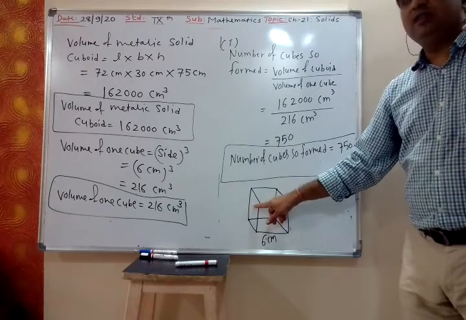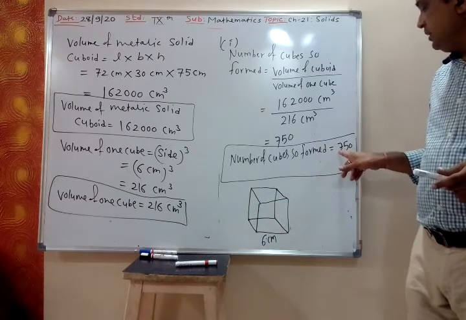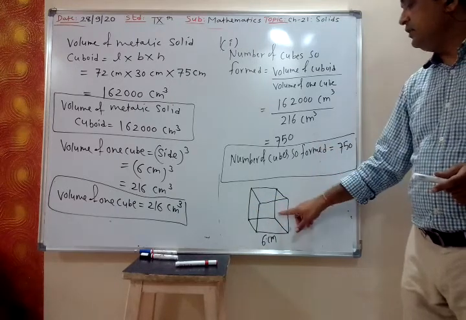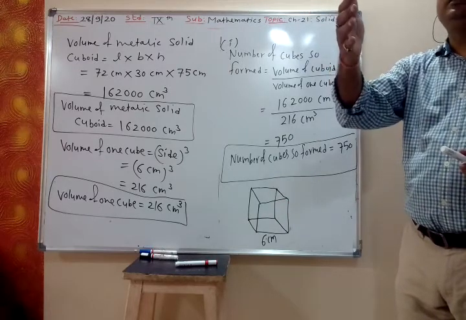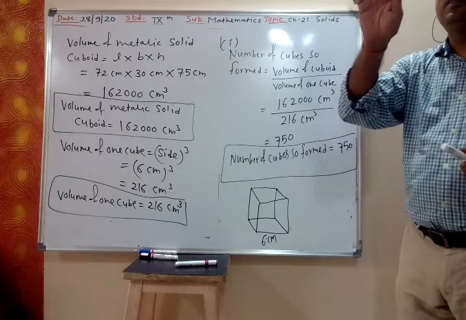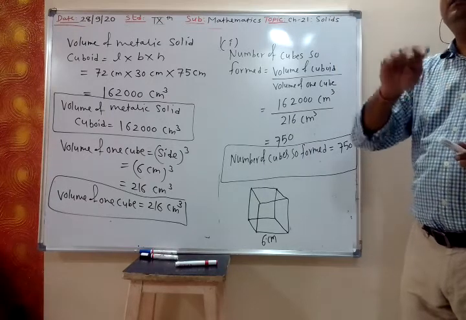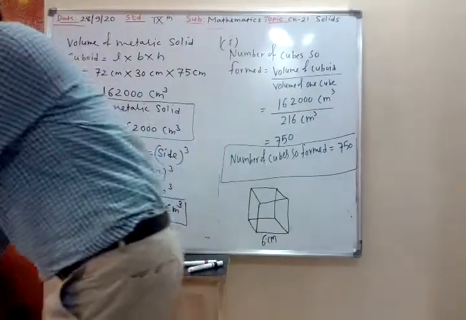Then what will be the total surface area? How many cubes are formed? 750 multiplied by the surface area of one cube. I will get the total surface area of all the cubes. Then that total surface area I will multiply by the cost per meter. I will get the total cost of polishing the surface.